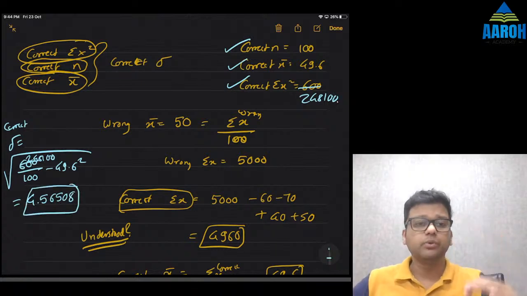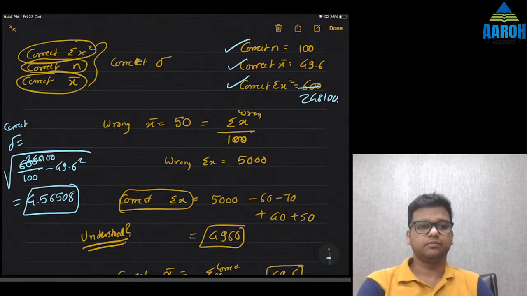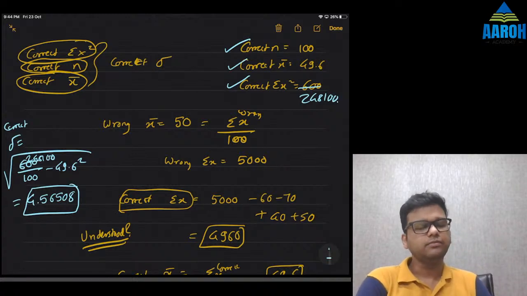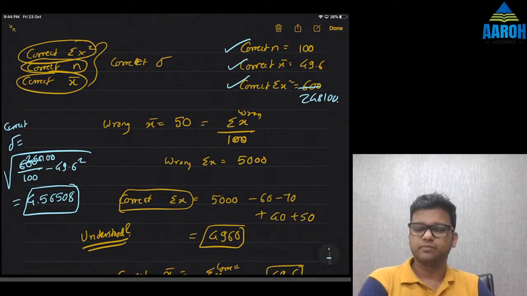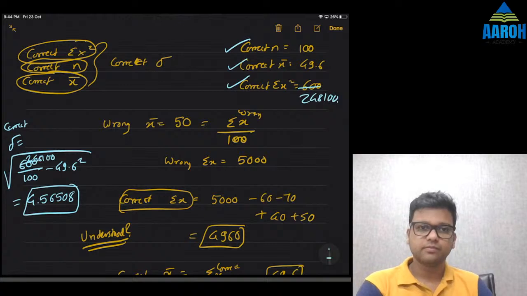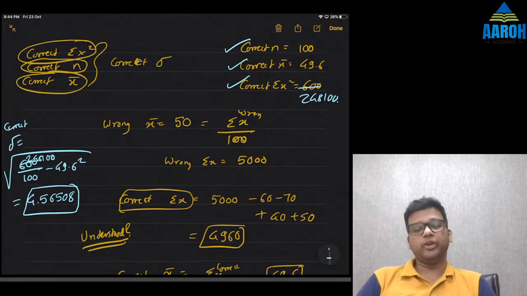Now let me know if anyone has doubt in any of the parts. Sanika, have you got that sum correct now? Summation x. Let me know, everyone. Anyone, any doubt up to this point?